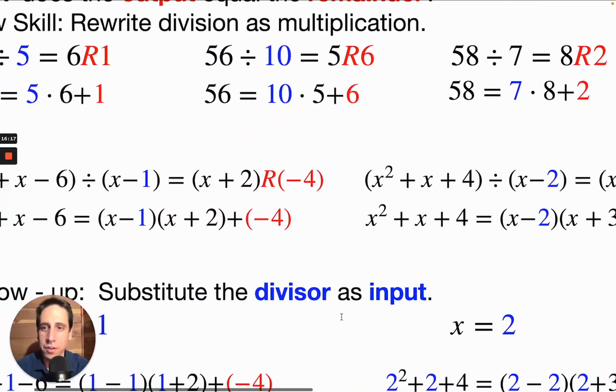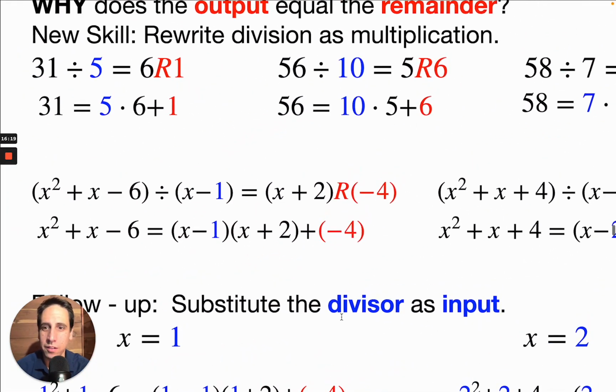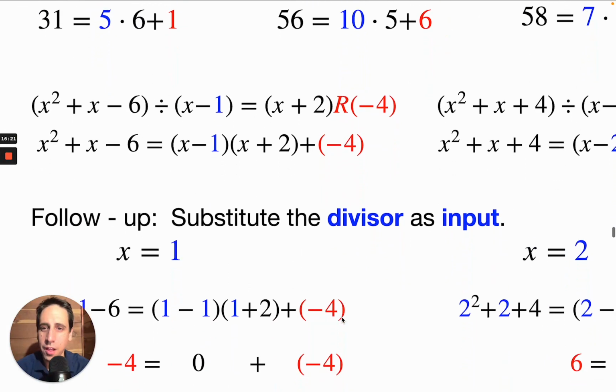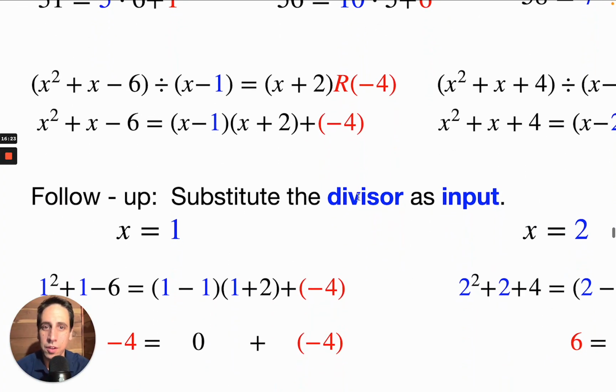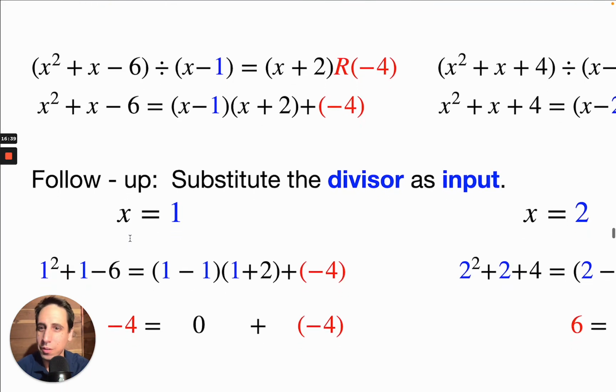Okay, so now that we're good at changing things around, let's do that here. As a follow-up, let's substitute the divisor as the inputs. Let's make the divisor equal the input. So if the divisor here is 1, like we know it is, then let's also make that the input and see what happens.